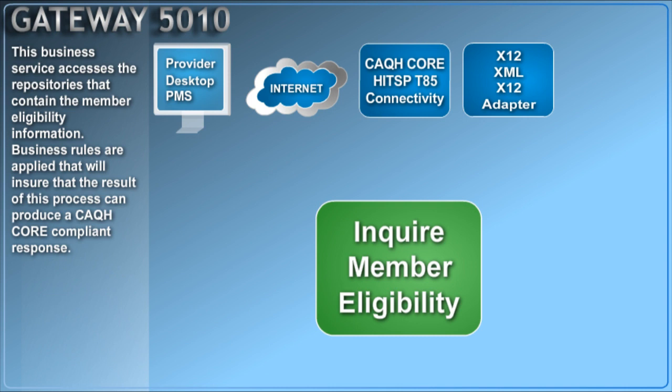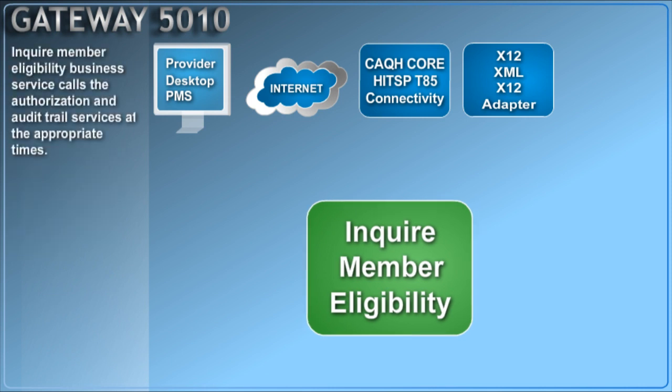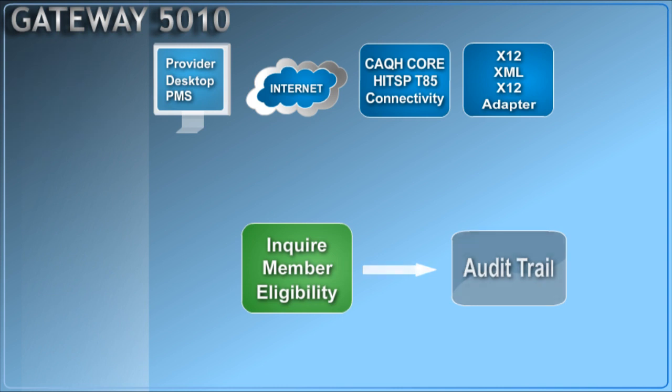Business rules are applied that will ensure that the result of this process can produce a CAQH CORE compliant response. The Inquire Member Eligibility business process calls the authorization and audit trail technical services at the appropriate times.